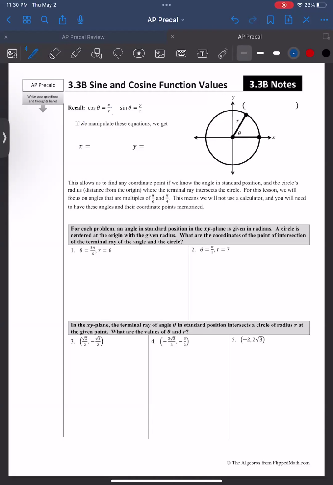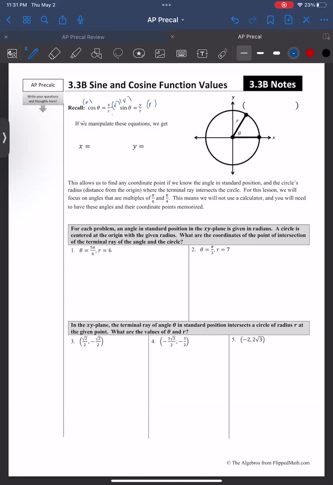So if you notice it says x equals and y equals, so what we're going to do is take those original sine and cosine equations, and manipulate them so that we end up with x equals. In order to do that, we have to multiply by r on both sides.